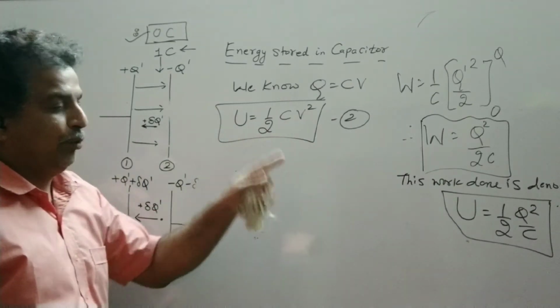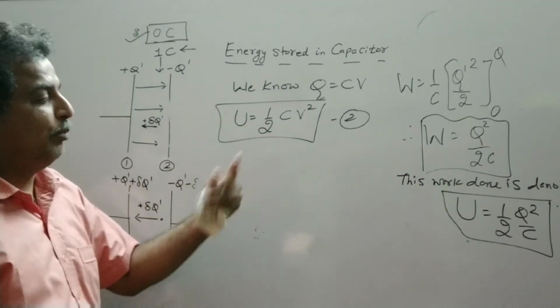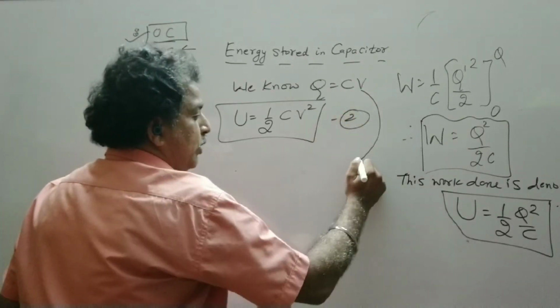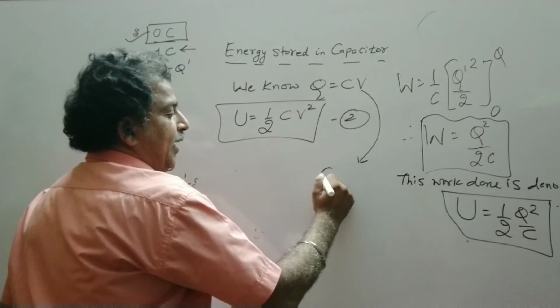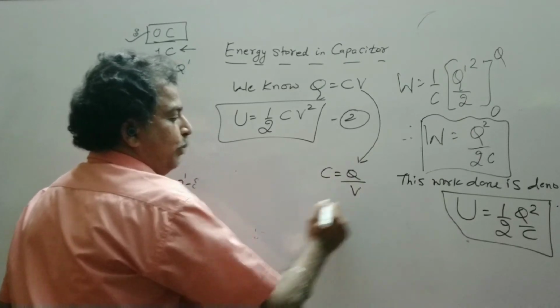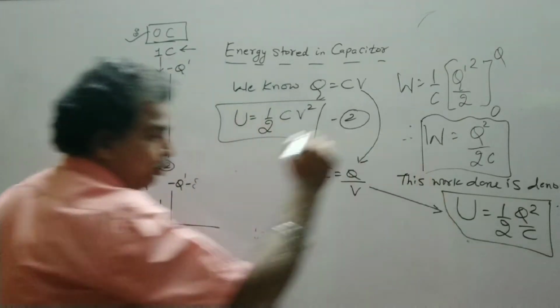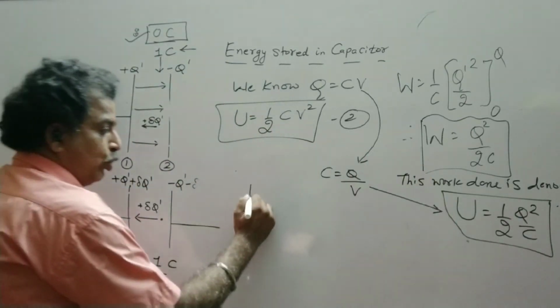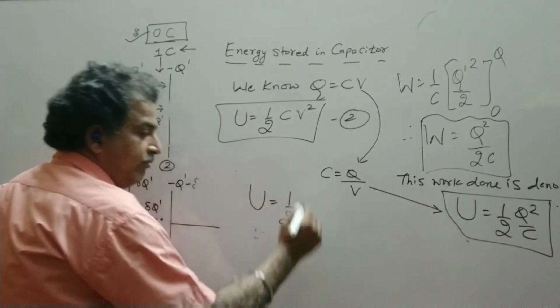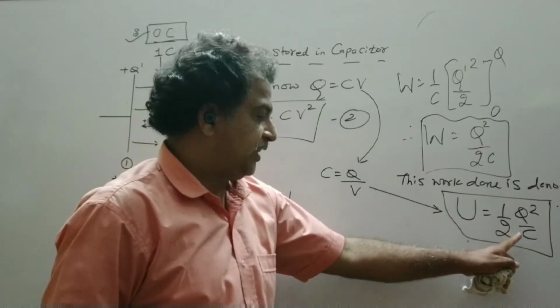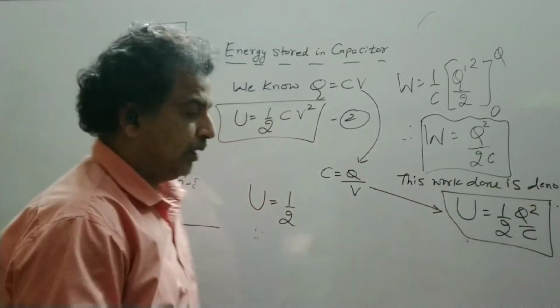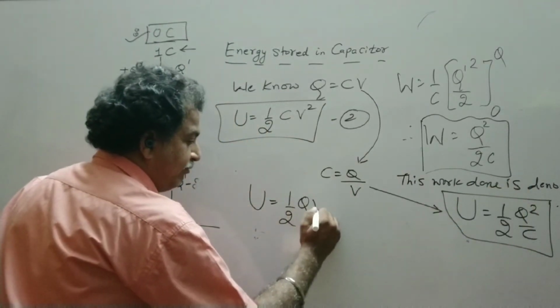Now one formula left is in the form of Q and V. So from this equation also I can write C is equal to Q by V, and then I substitute this in equation 1. So U is equal to half. In the place of C I write Q by V, V goes up, Q cancelled, so half QV.